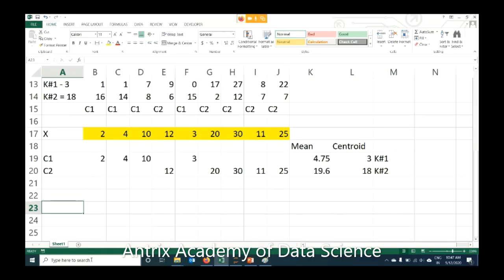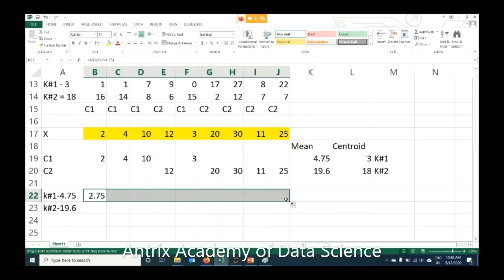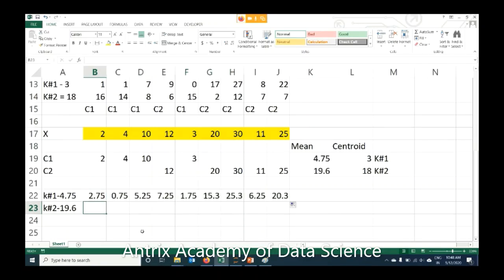I'll take up the new centroids. K1 as 4.75 and K2 as 19.6. So I'll take a difference. I'll say ABS minus 4.75. Drag this. Then I say ABS minus 19.6.